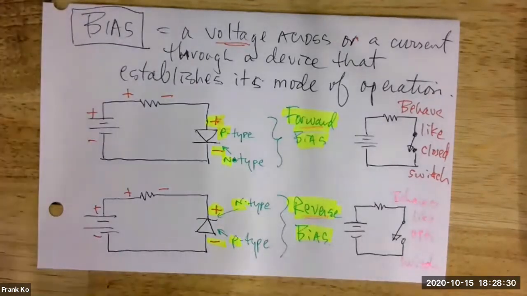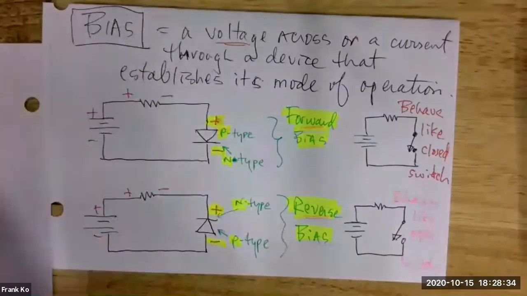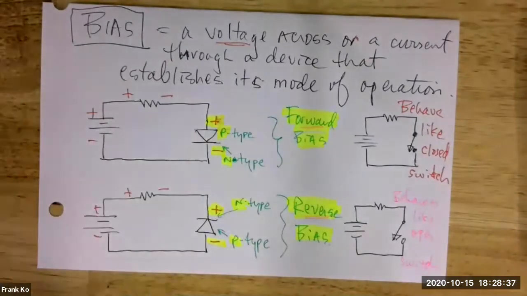And on a microscopic level, what's happening in the diode junction is this.